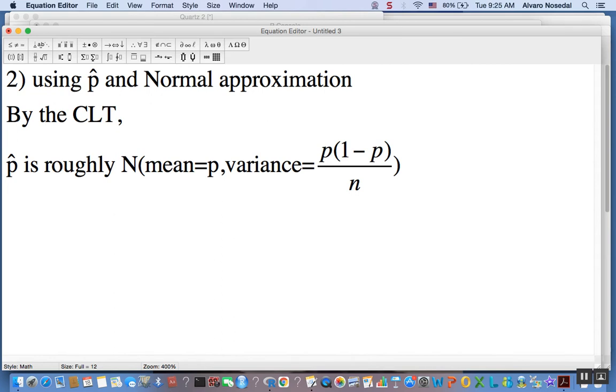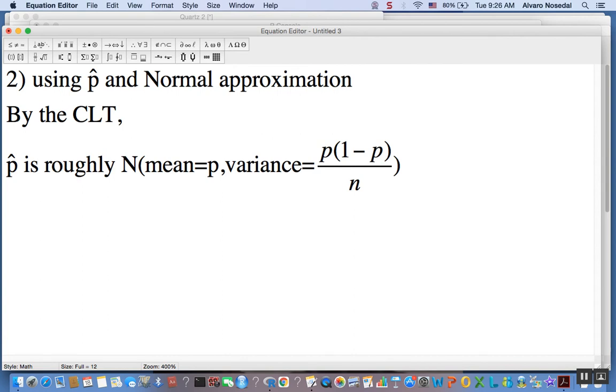Since we're going to be using a normal approximation, at some point, if you're doing things by hand, and I'm going to show you how to do things by hand and using R, but it's important to learn to do this by hand because your final exam will be a typical in-class exam, you will need to use a table.